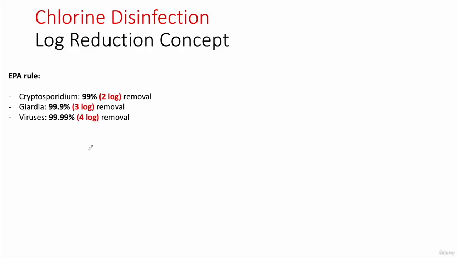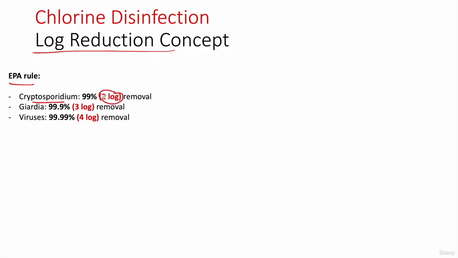Usually the adopted disinfection technique is designed based on rules and regulations that follow the log reduction concept. For example, the EPA, or the Environmental Protection Agency, recommends the removal of 99% of Cryptosporidium, or 2-log removal.